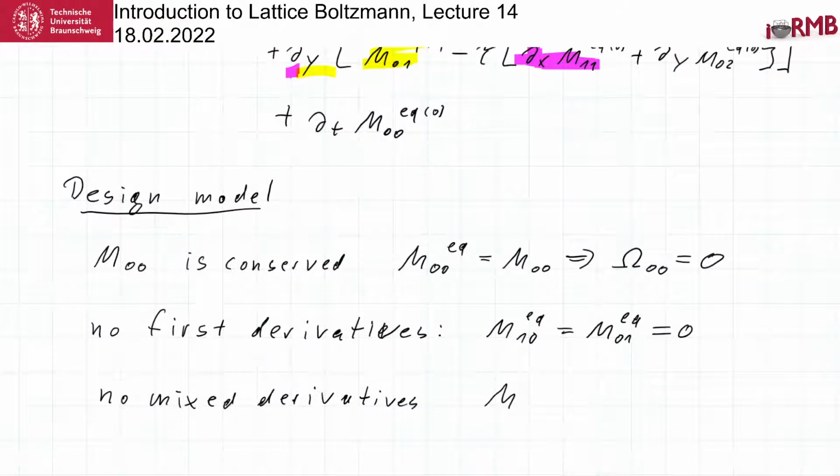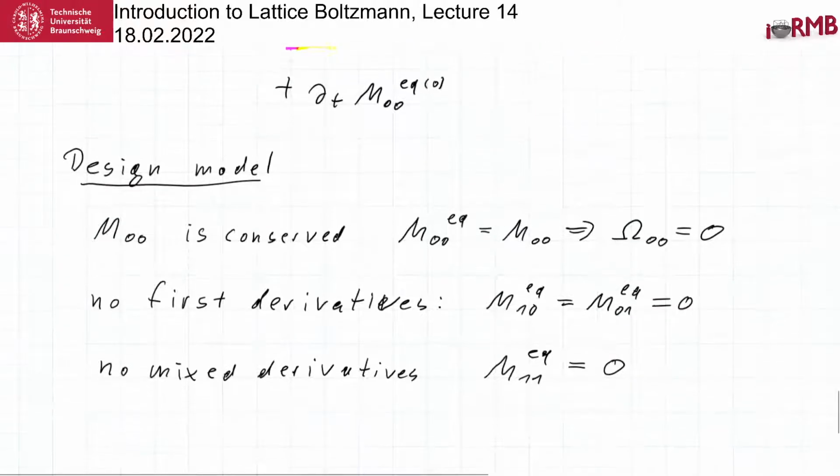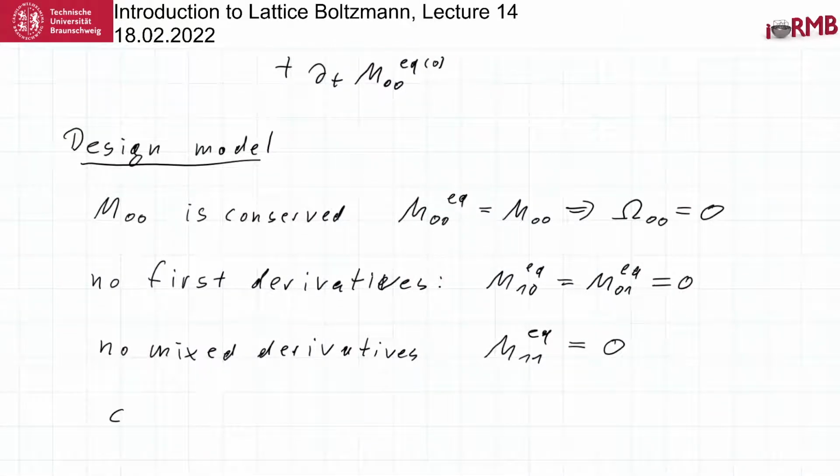So this is M11 equilibrium equal to 0. And now we want to have the correct second derivatives.